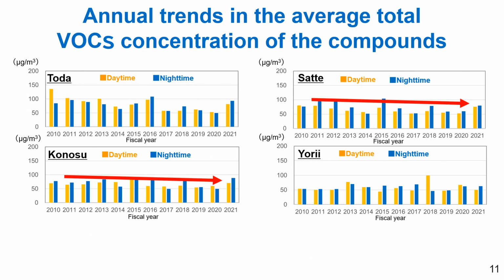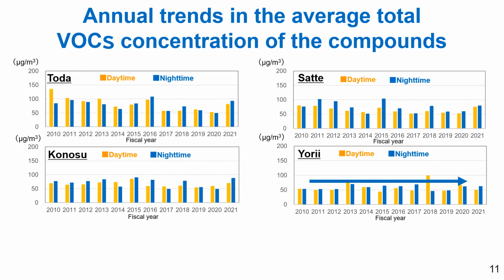On the other hand, in Yori, located in the suburban area, the total VOC concentration has remained almost stable. It is presumed that this is due to the lack of anthropogenic sources in the surrounding area, resulting in minimal influence.